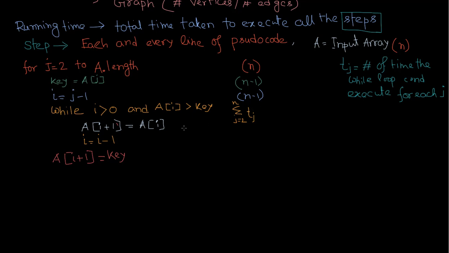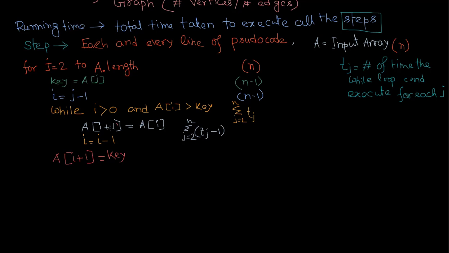So this will run tj minus 1, from j equals 2 to n. Hopefully it is clear why this is tj and this is tj minus 1: for the same reason the outside loop condition is executed one time more, because it has to evaluate the condition before concluding it cannot run the loop again.